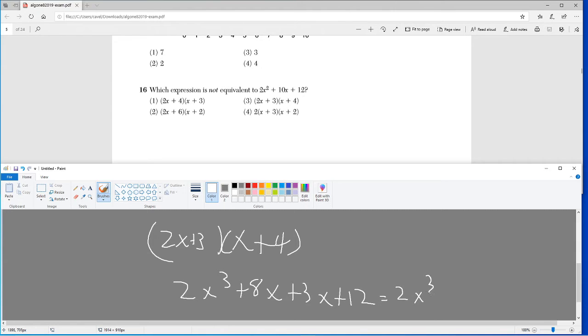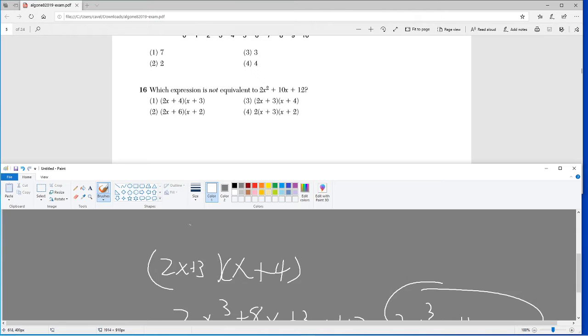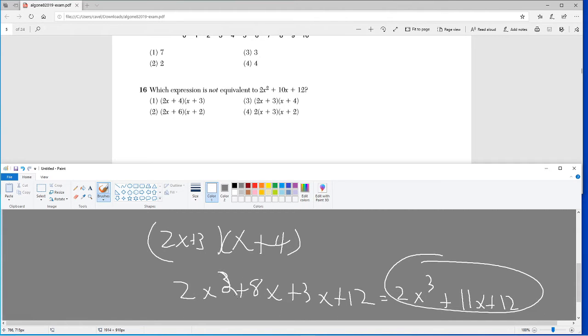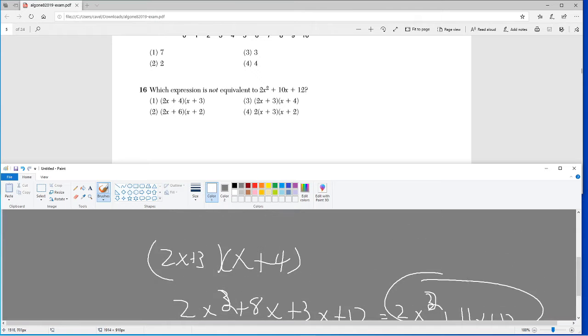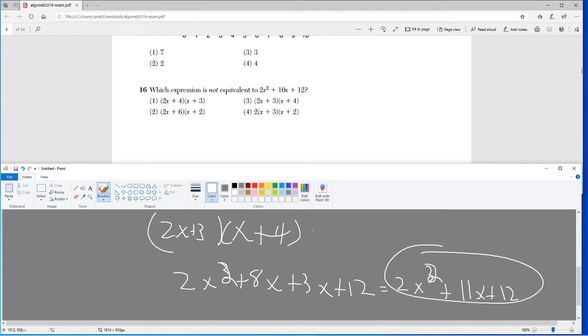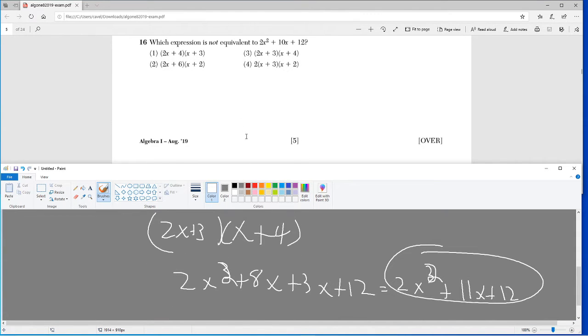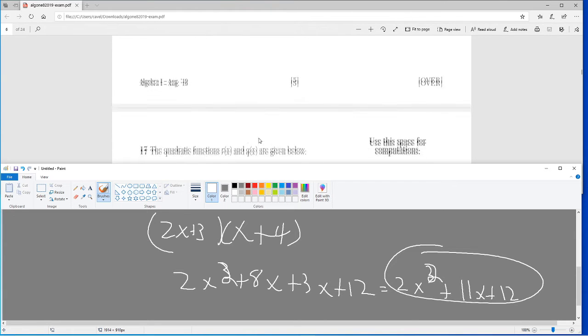That's 2x squared plus 11x plus 12. Sorry, I distributed it incorrectly. So it should be 2x squared plus 11x plus 12. So it's not correct. All right. So for 16, it's choice number 3.